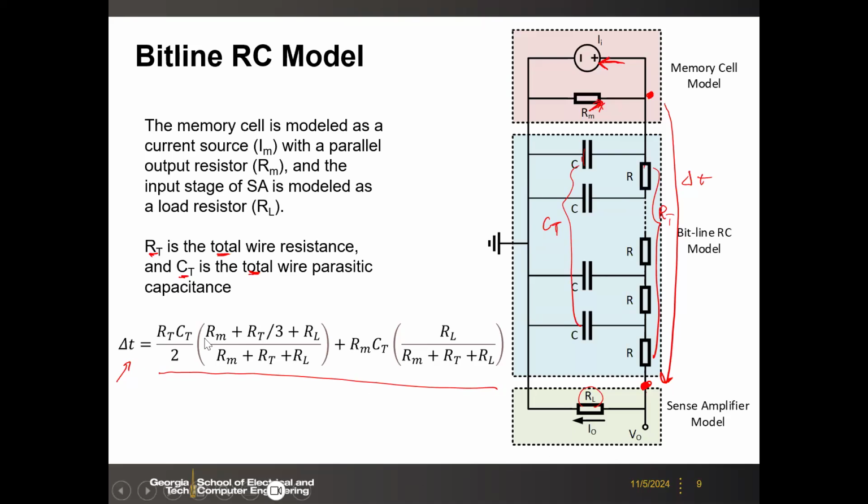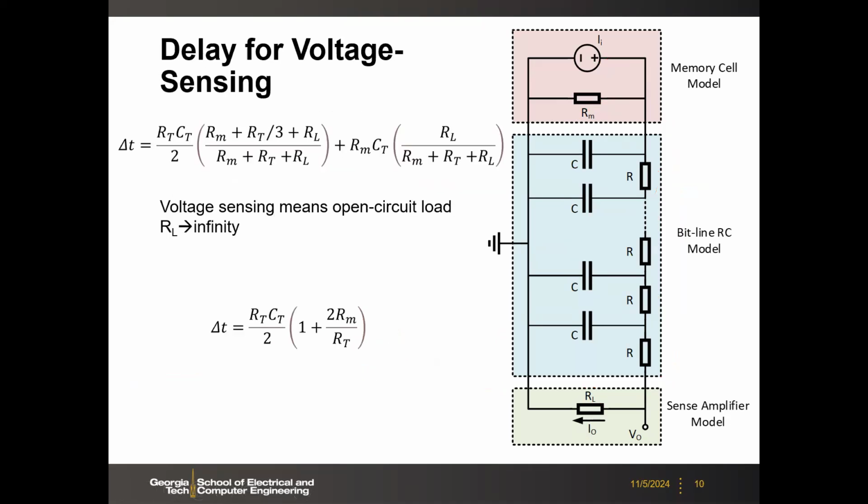It's kind of complicated, depending on all those parameters, like the memory cell resistance, node resistance, and the total C and total R of the wire. But we can simplify that in the next slides, depending on the sense amplifier's mode.